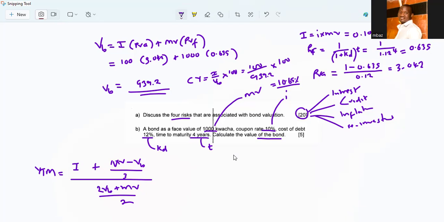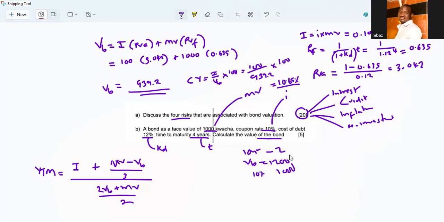So suppose we're given a 10-year bond which is issued after 2 years at an interest rate of 10% and is selling for 1,200. What is the value of the bond? It is a 10-year bond, and the coupon interest is 10%, issued at par value 1,000 kwacha.